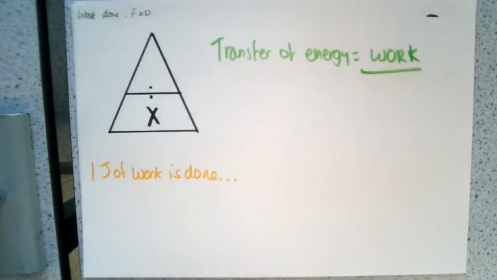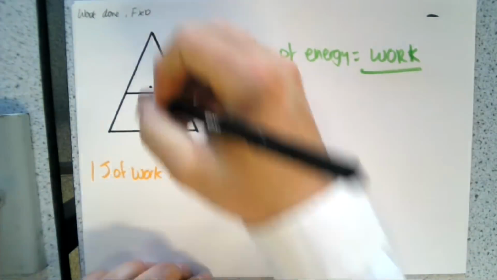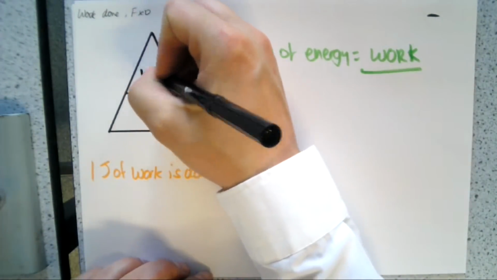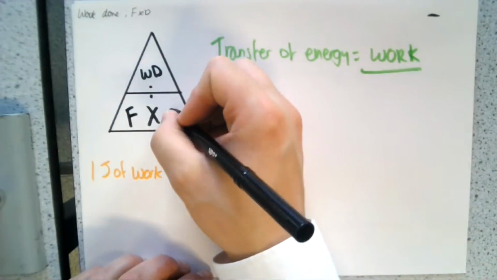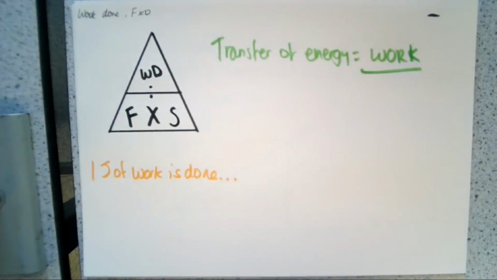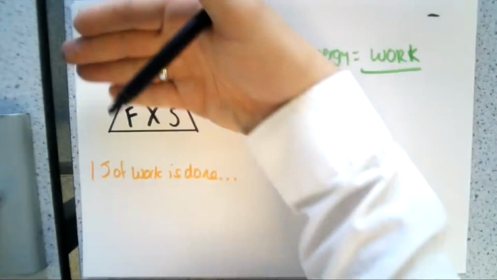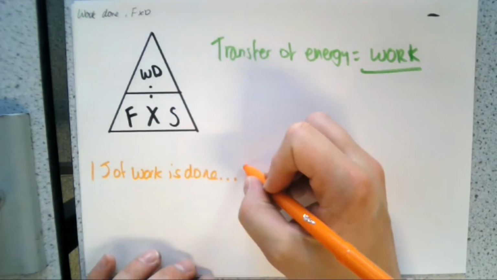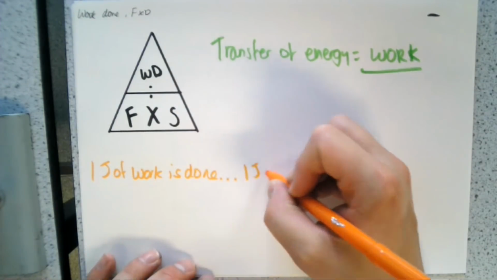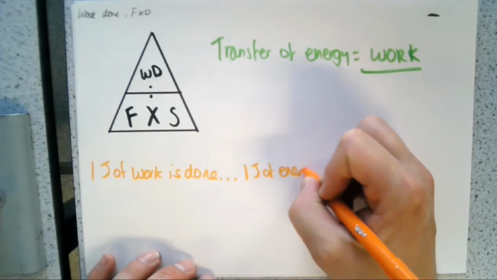To work out how much work has been done, we need to do force multiplied by distance. So work done equals force multiplied by distance. And 1 joule of work is done when 1 joule of energy is transferred.